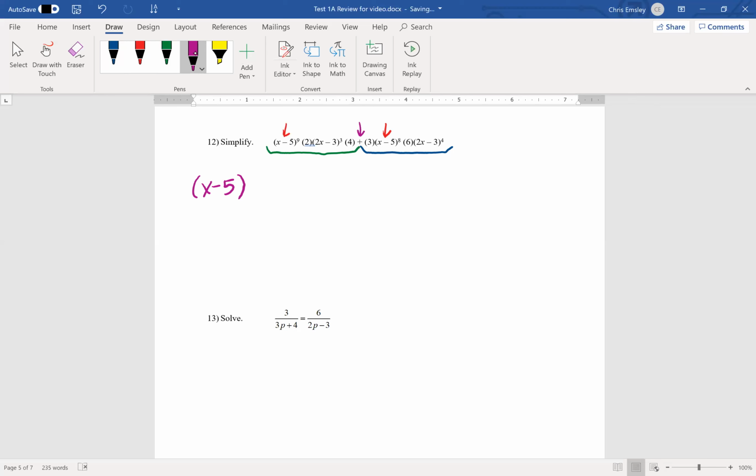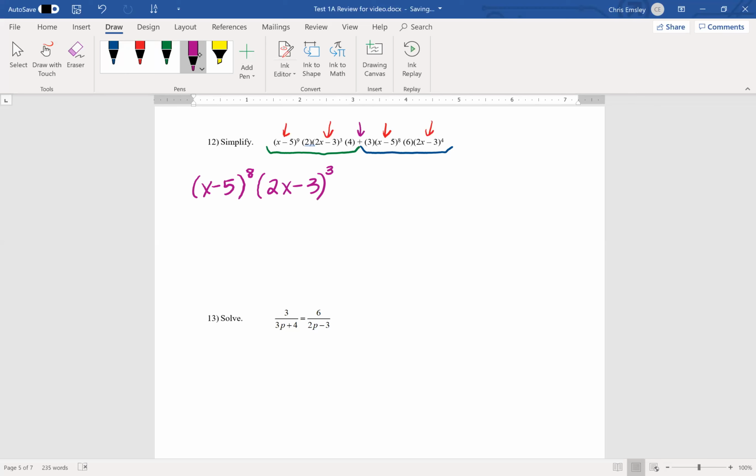You can only pull out the smallest exponent. Then next up, we see that they both have a 2x minus 3. So that means that's going to be part of our GCF that comes out front. Again, how many? We have 2x minus 3 cubed and 2x minus 3 to the 4th, so we can only pull out the smallest exponent.